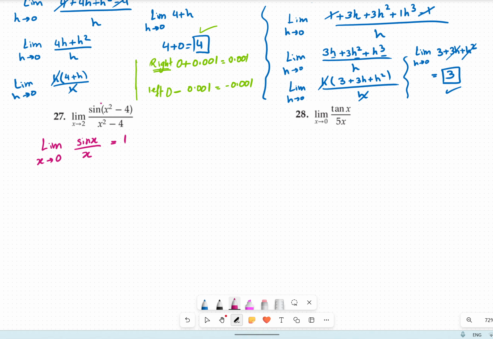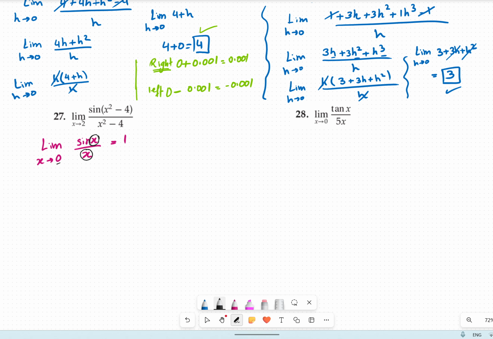Okay, now you might be wondering, this does not look like this. So how am I going to use it? Well, technically the rule says that if you have sine an angle, which is x, over the same angle, and x is approaching a number that will make this angle 0, then the answer is 1.